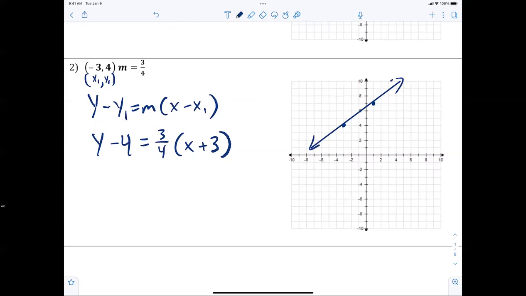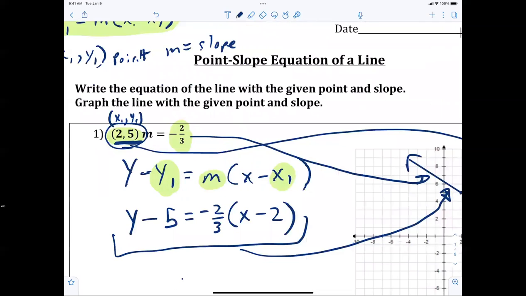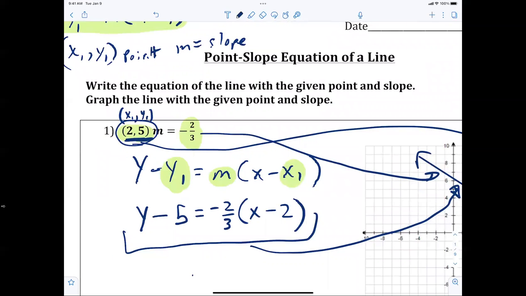Are we just writing out the equations and looking at the equations? I honestly don't know what your question is. Let's look at the directions. Write the equation of the line with the given point and the slope. Then the next one, graph the line with the given point and the slope.